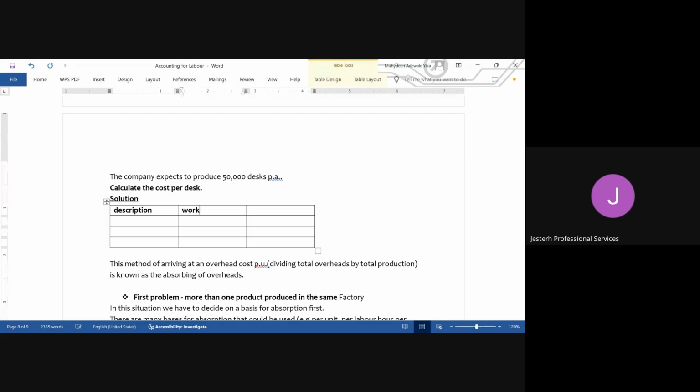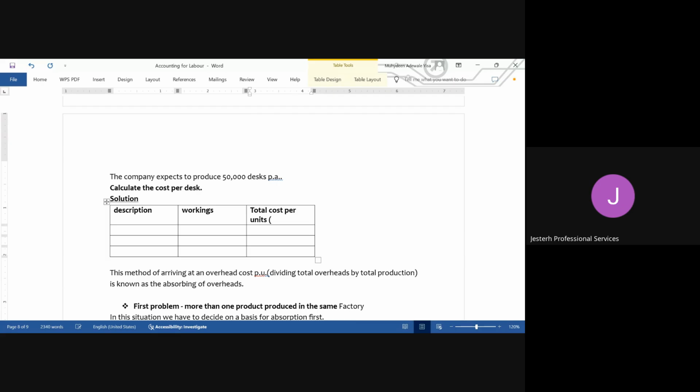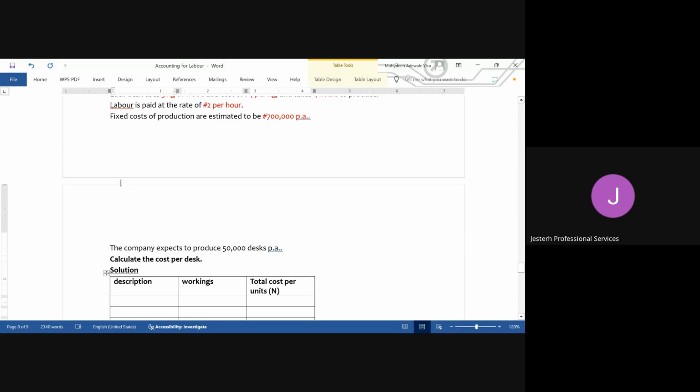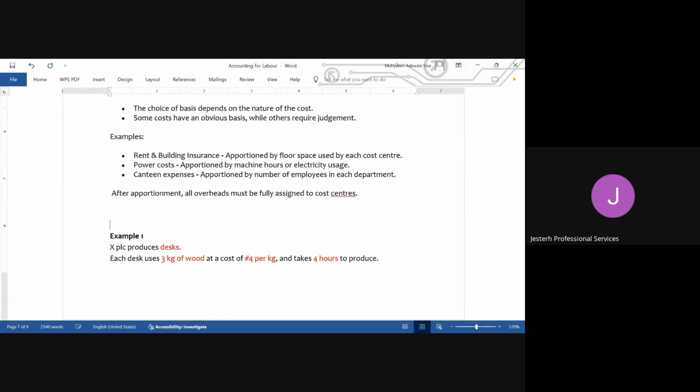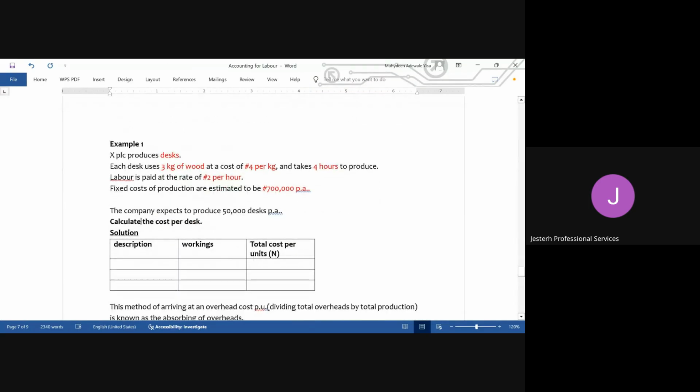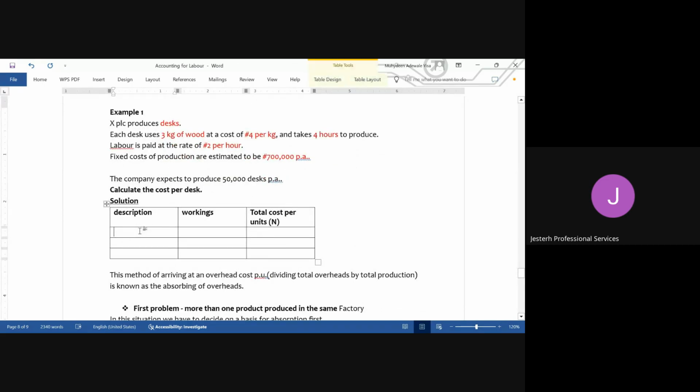I will just put our OPs here. Then total costs per unit in Naira. Okay, let me try to move this one down. Okay, now I hope you can see the question very well.